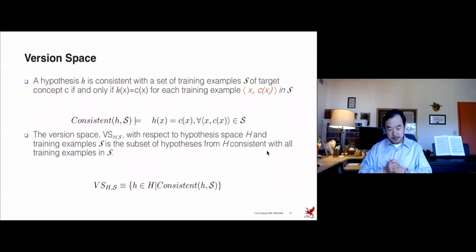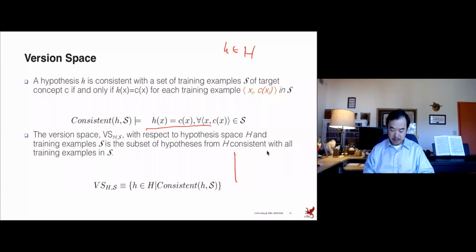Now, another concept which helps us further quantify different hypotheses. I mentioned that there is a hypothesis space H, and there are many little h inside it, but not all of them are equal. There are some h which make no error, and imagine that there are several such h.